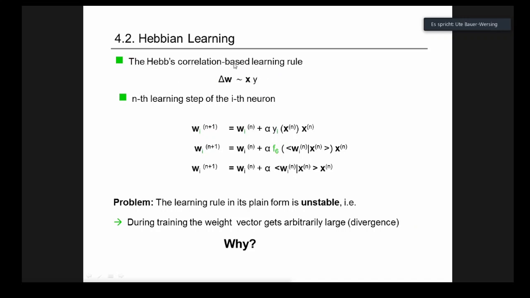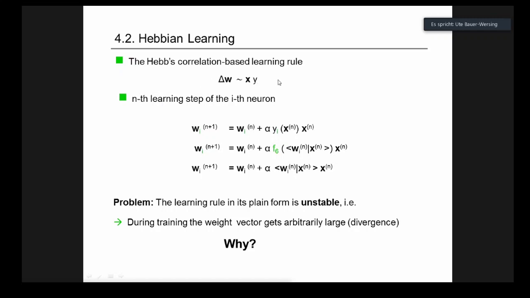So Hebb's correlation-based learning rule says that delta W, the weight change in a learning step, is proportional to X times Y, the input times the output of the neuron. This is the same formulation as in the prior slide, but without considering timing.